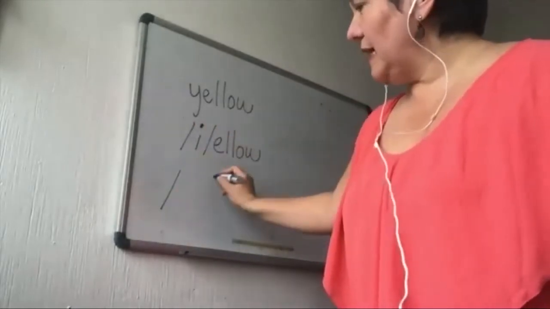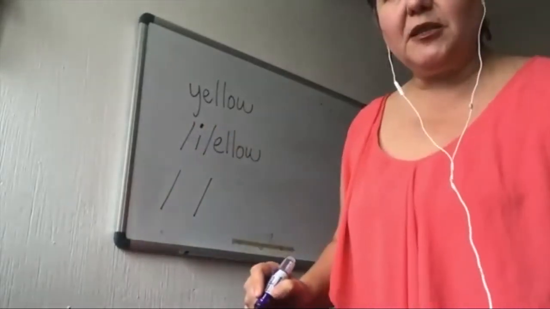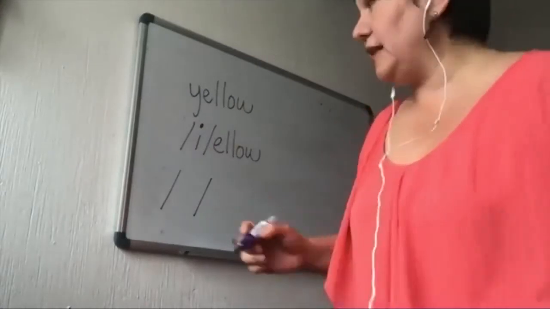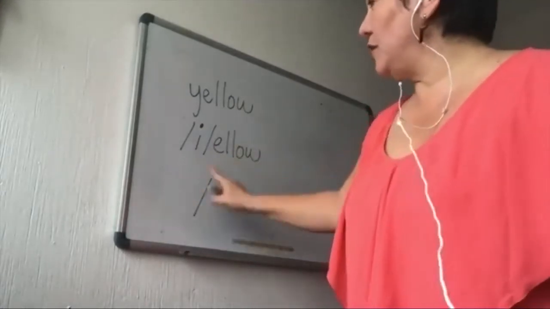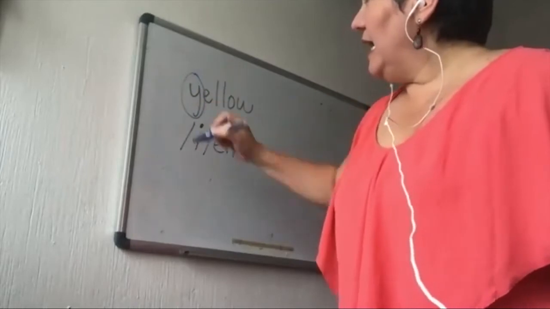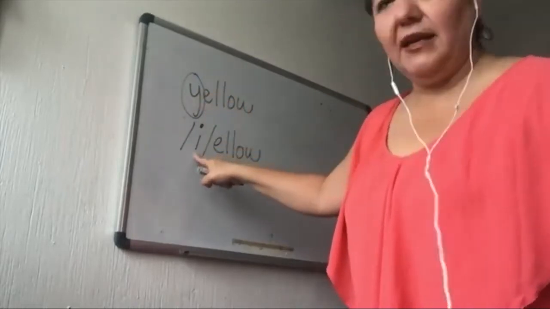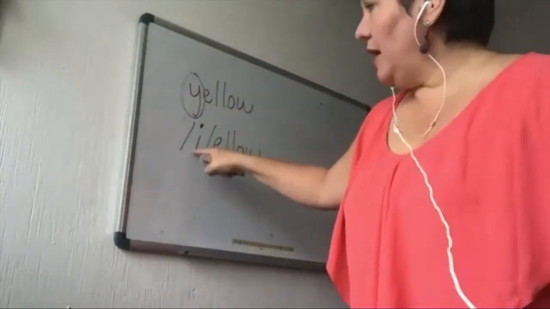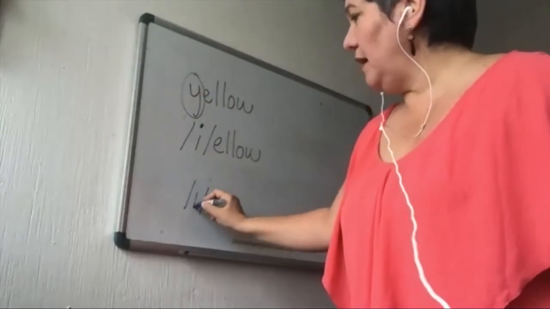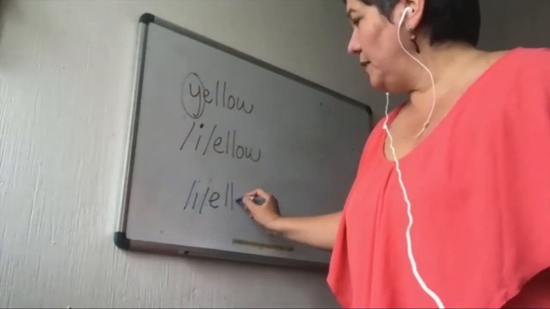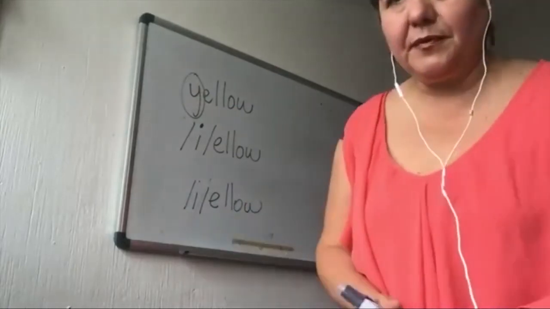When you put the slanted lines, it means that is how it's pronounced, not how it is written, but how it is pronounced. So you're going to say, pronounce like this, pronounce like this, yellow, yellow, okay? And that gets it through, super easy.